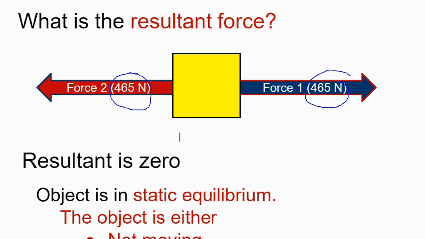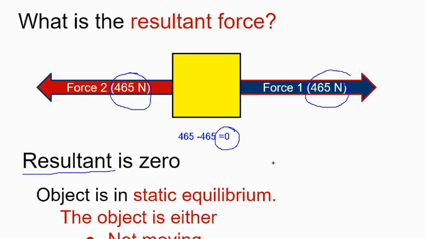You can use math if you want to: 465 minus 465, and we end up getting 0 as our total result of our tug of war. We call that 0 result a resultant. The resultant force is going to be 0.